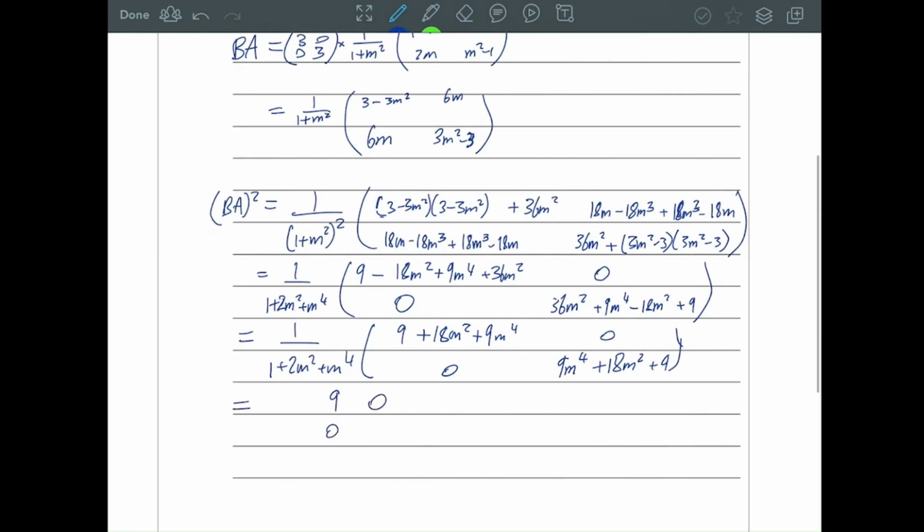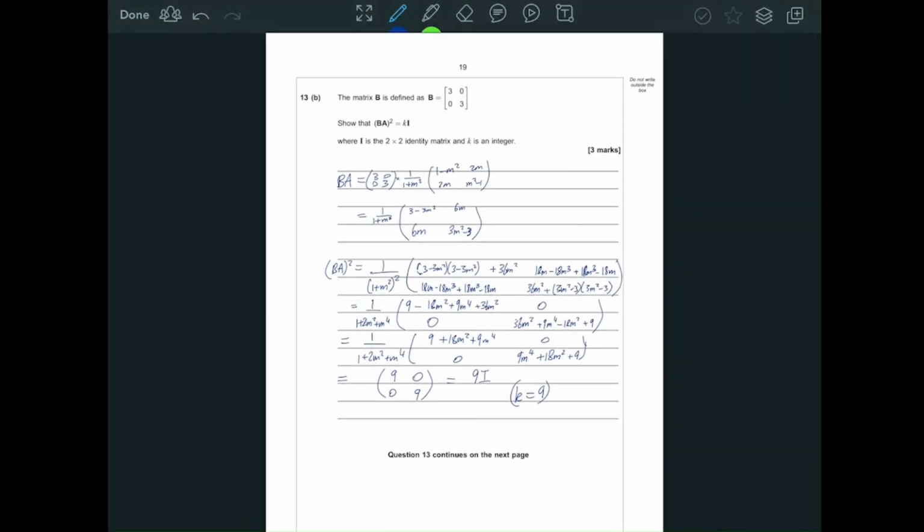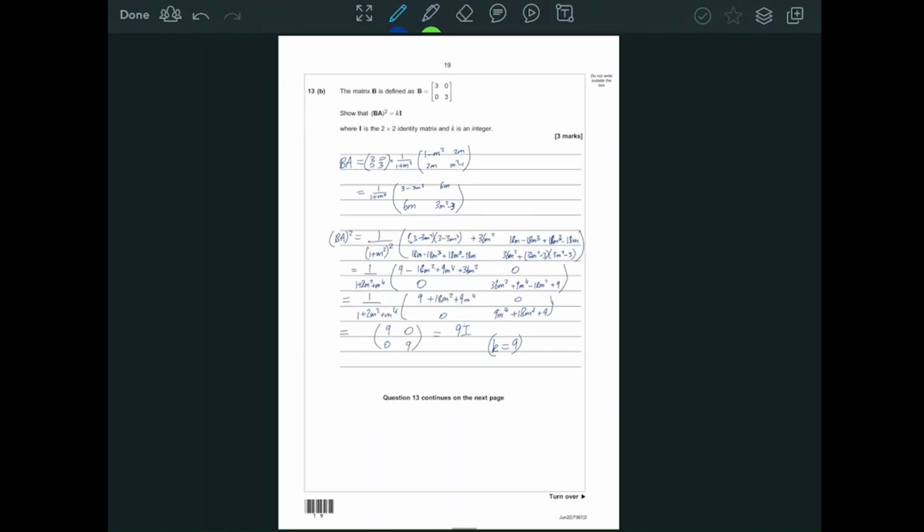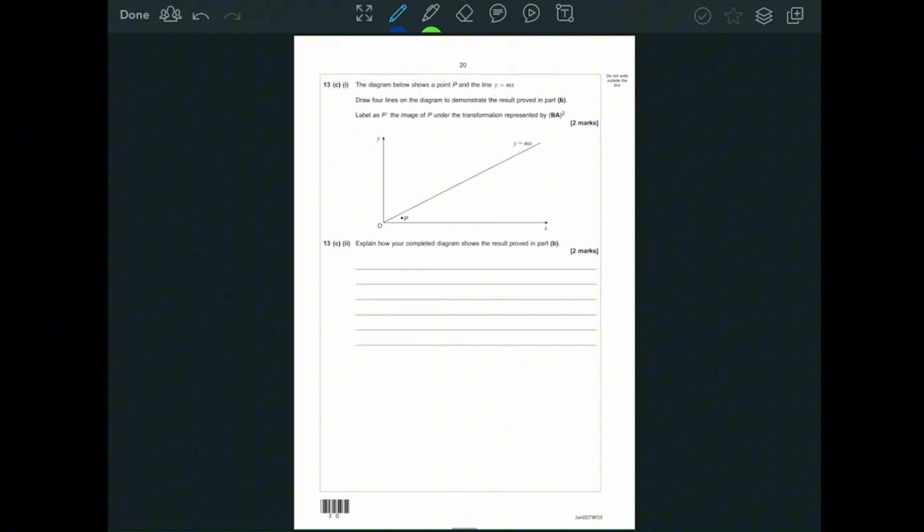So this is just 9, 0, 0, 9, which equals 9I. So k is 9. Not a particularly satisfying question in any way. You might get away with doing some fancy tricks and writing this in weirder ways. I'm not going to trust it. I'm just going to stick with it as it's written and do it as it's written.